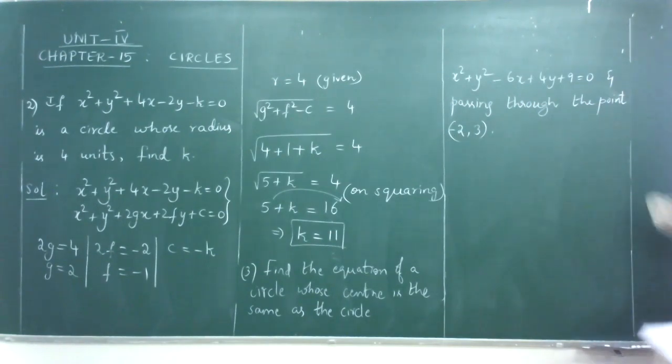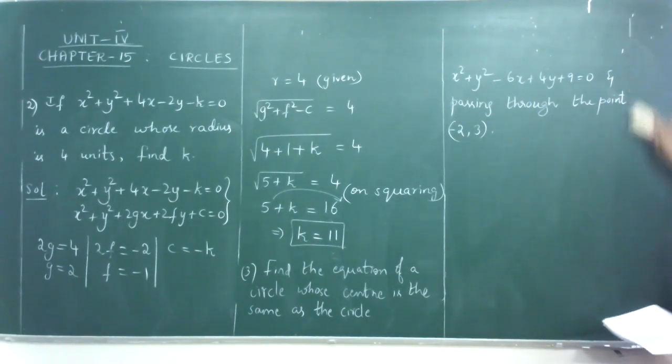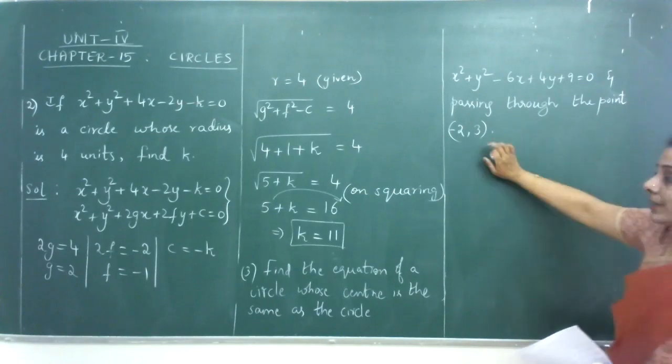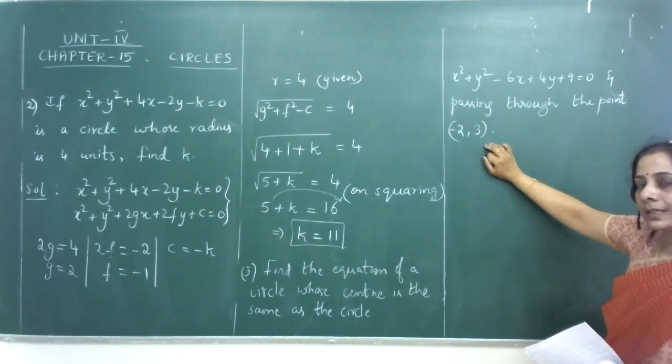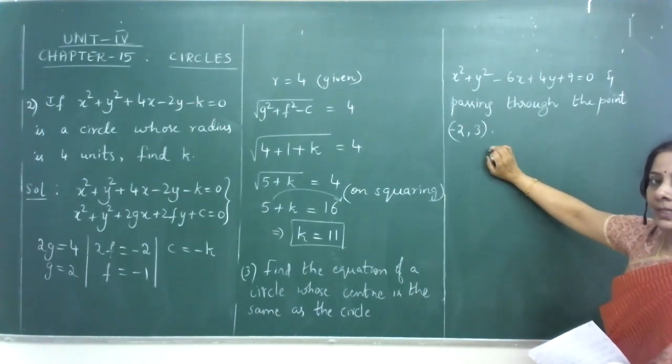Okay, we have a different question now. We are finding the equation of a circle which shares the same center as another circle, but it is passing through a particular point, minus 2, comma 3. Here we recollect the properties we learnt after the general equation of the circle.